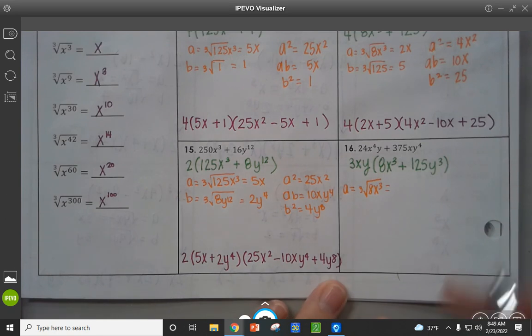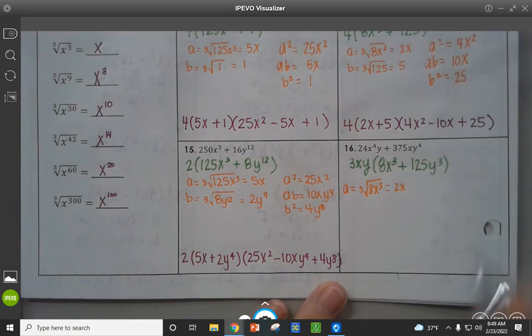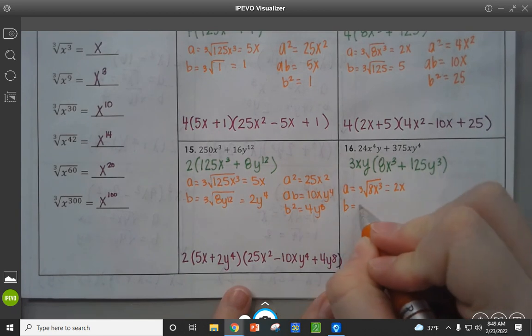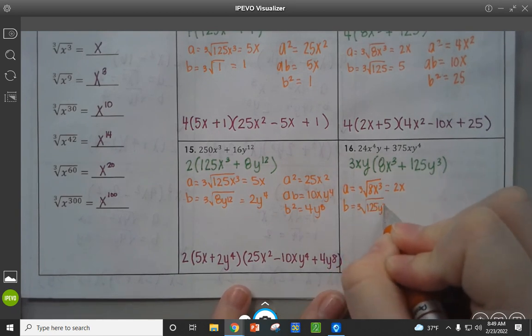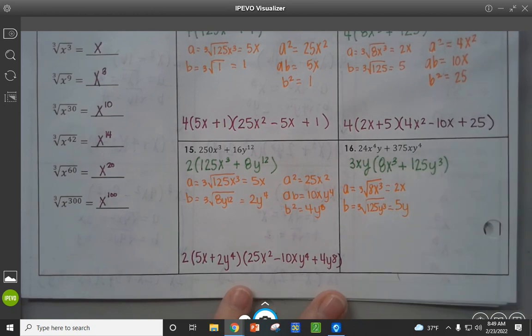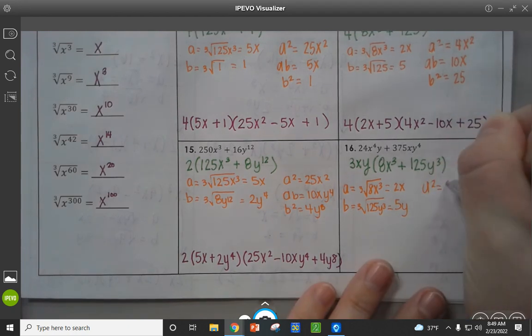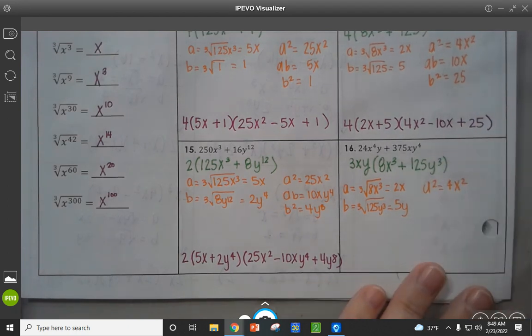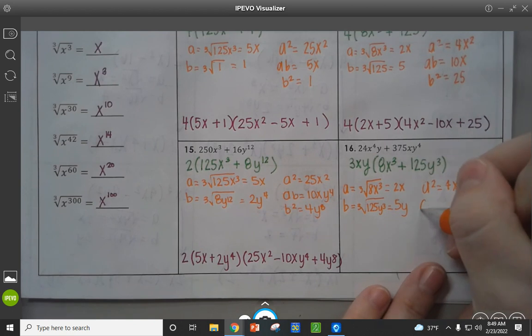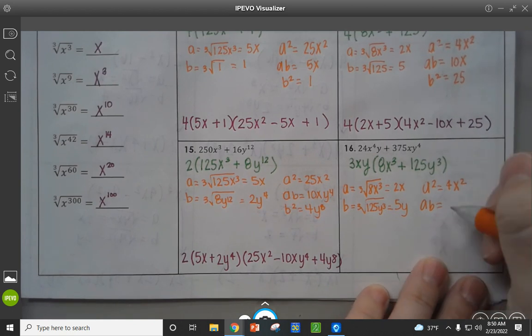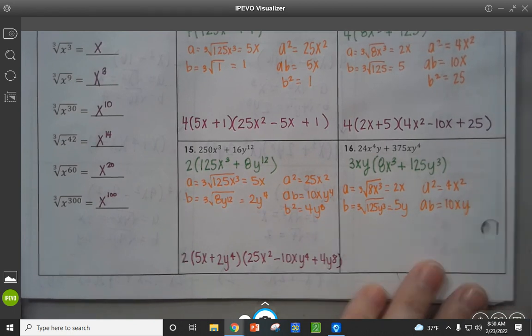So my A is going to be 2x. B is going to be 5y. A squared is 4x squared. AB, 10xy.